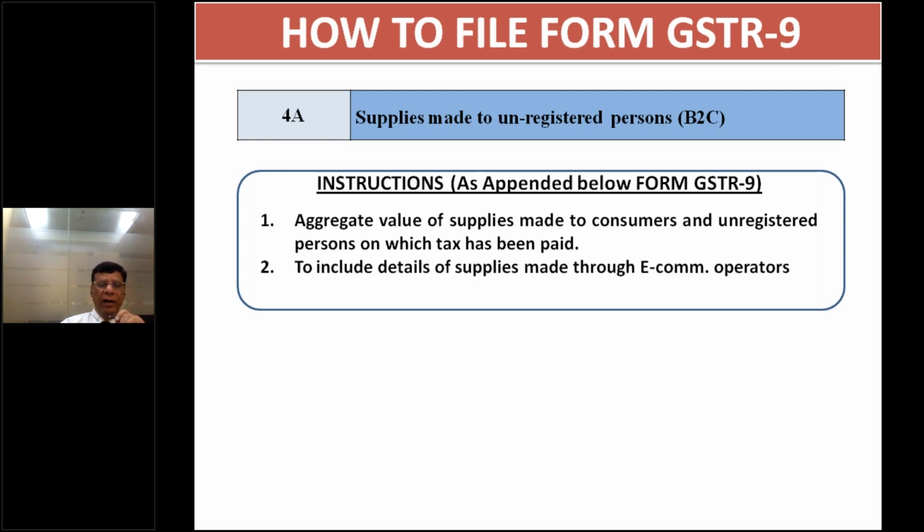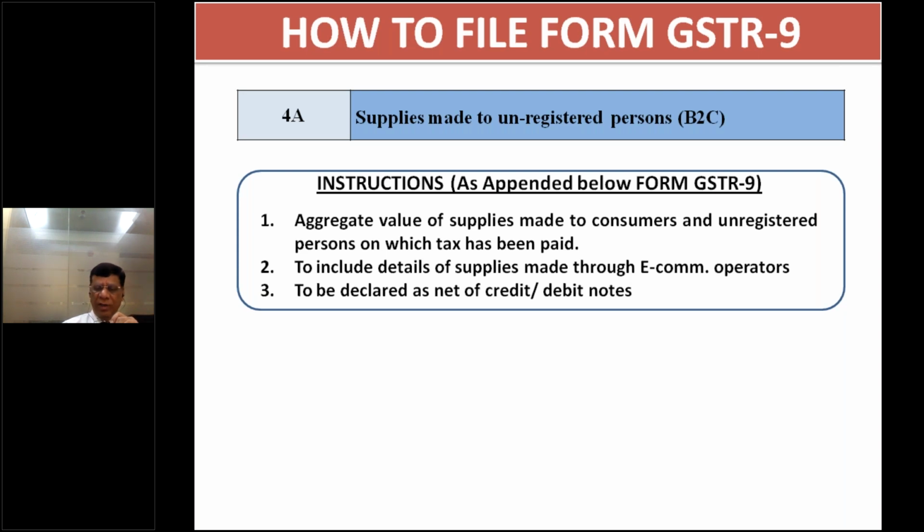To include details of supplies made through e-commerce operators to be declared as net of credit and debit notes. Means B2C supplies normally we fill up in GSTR 1 also net of debit and credit notes.